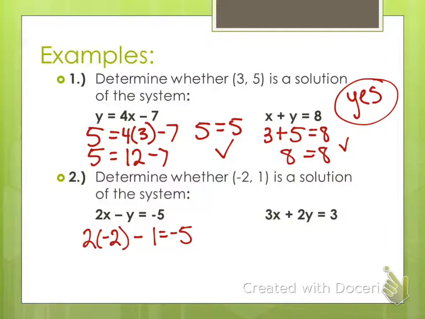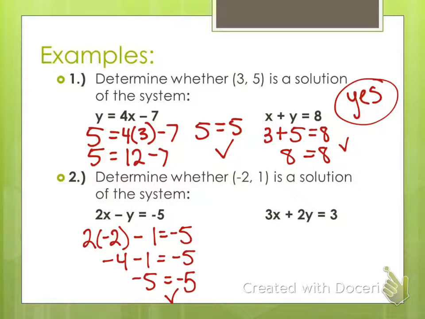So what is 2 times -2? -4. What's -4 minus 1? -5. So does it work for the first one? Yes. So it works there. That's fine. That does not mean that it's a definite solution because we still have to check the other one.